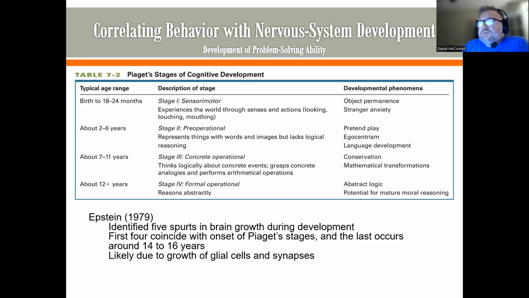And then once we move into the early childhood, toddler years, children now move into what he calls pre-operational thinking. And this means that they're starting to think symbolically. They can generate mental representations. And of course, now the emergence of language and words, which are symbols that stand for things, are all evidence of this kind of symbolic thinking.